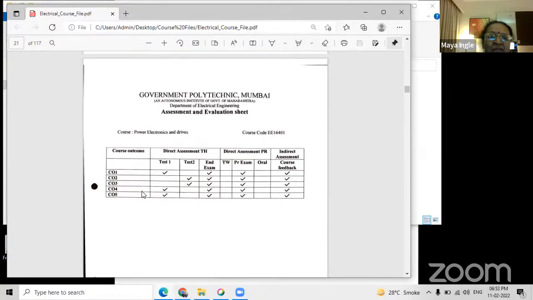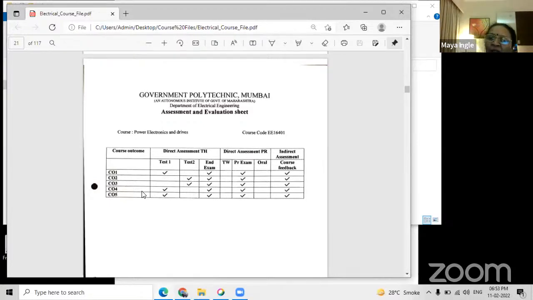Then assessment and evaluation. I think the idea has been given to you that this assessment and evaluation is in two parts: one is direct assessment and another is indirect assessment.